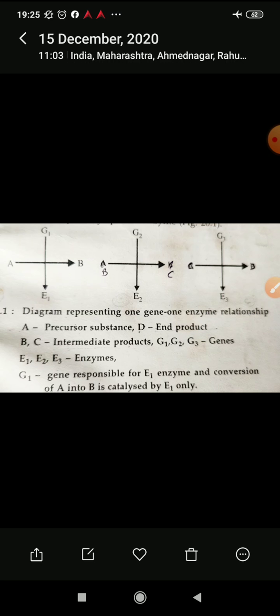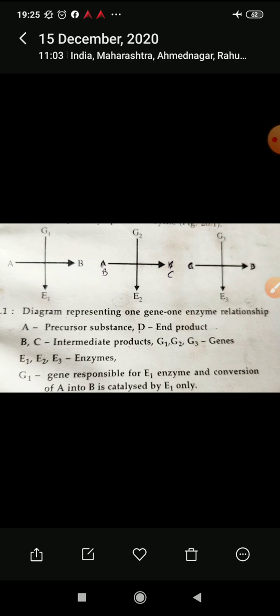All the genes present in the nucleus are not active at one time. Remember this: all the genes do not remain active at one and the same time.